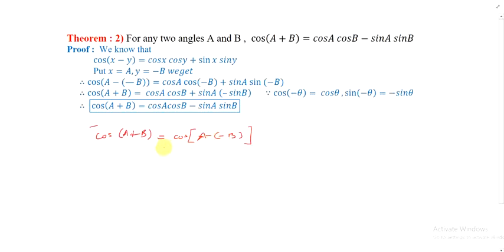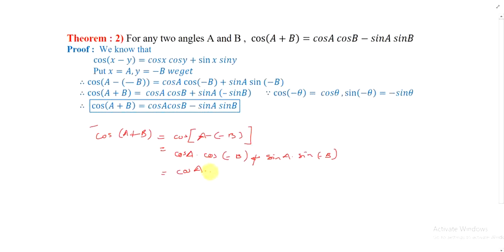And the same term can be written, by using the formula which we have learned in the last lecture, as cos A cos(minus B) plus sin A into sin(minus B), which is equal to cos A times... now, what is the result for cos(minus theta)?